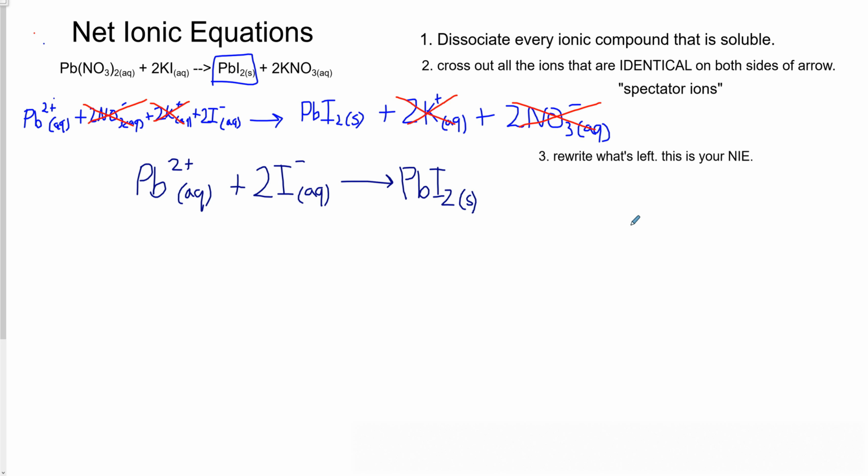This is why a lot of the time when you mix two ionic compounds together, you might not actually have anything cool happen. The most important thing is if you make a solid or a gas, think about what happens in a chemical reaction when you make one of those.